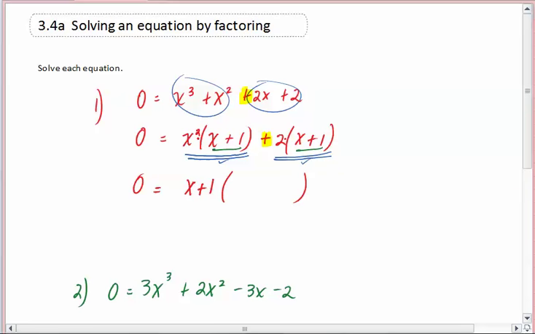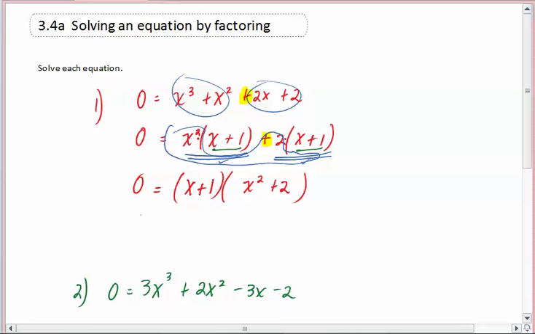Look what we have left: x squared plus 2 remaining, so inside the parentheses we're going to have x squared plus 2. Now we have to put parentheses around the front because that was a binomial that we pulled out, not just two individual monomials.